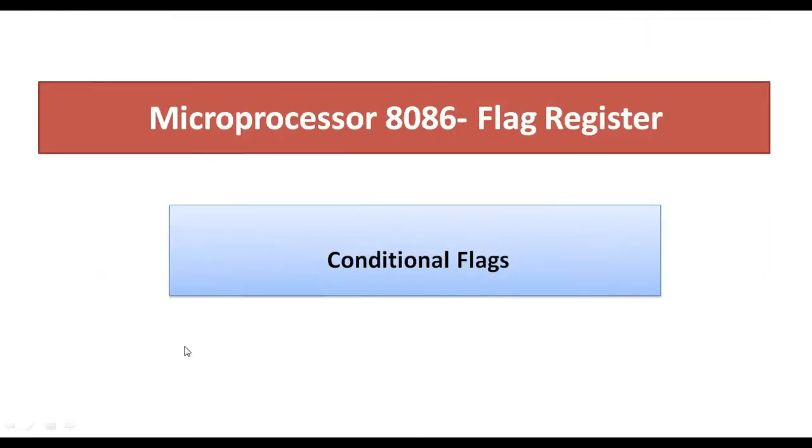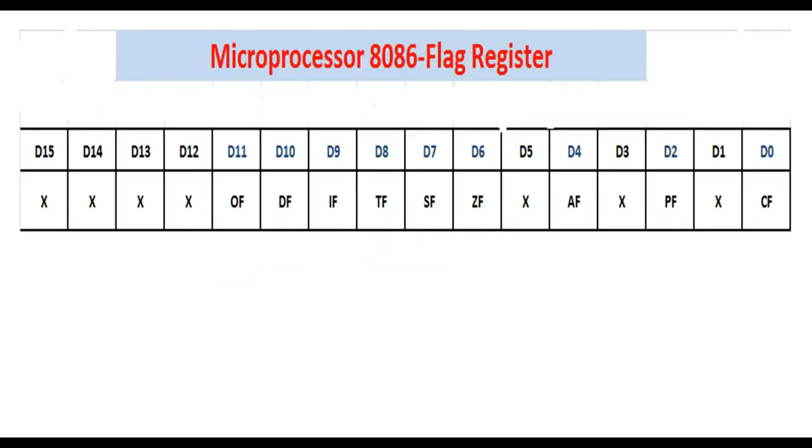It represents the result of the last arithmetic or logical instruction executed. So in the conditional flags it will show the status of the result from the last arithmetic or logical instruction executed. So let us see the flag register, and in that first we will see the conditional flags.